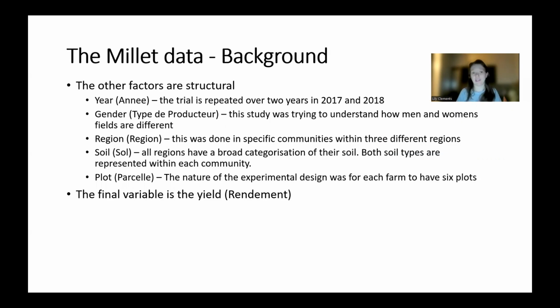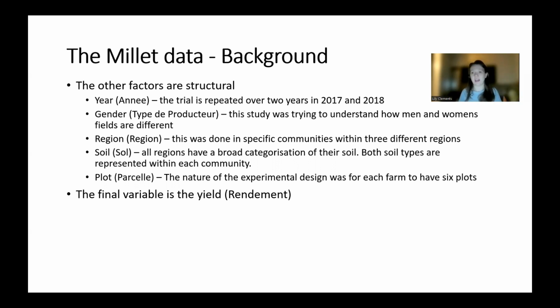We have a few other variables in the data set, which are all factors, and these are structural. So we have the year, and so the trials repeated over 2 years, 2017 and 2018. We have gender, so the man and the woman. We have region, so this is done in specific communities within 3 regions.